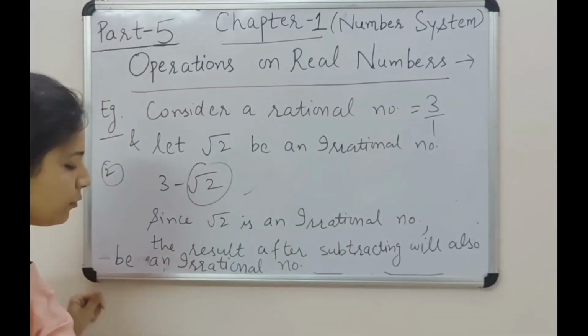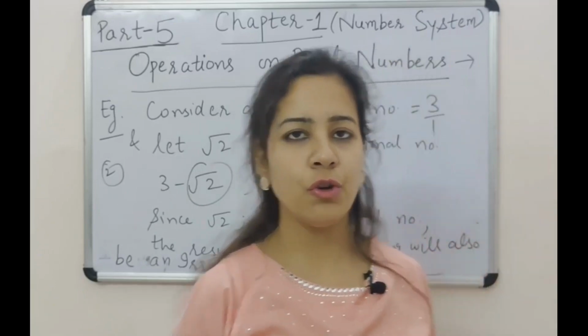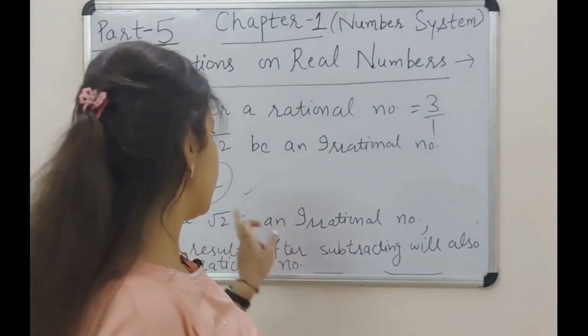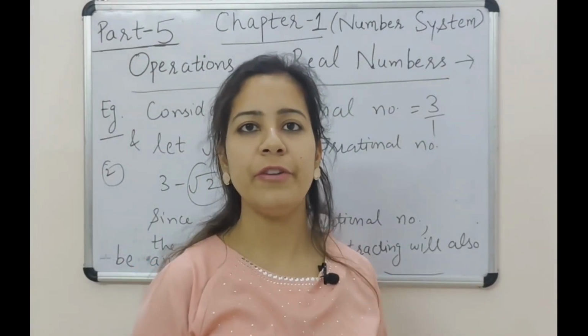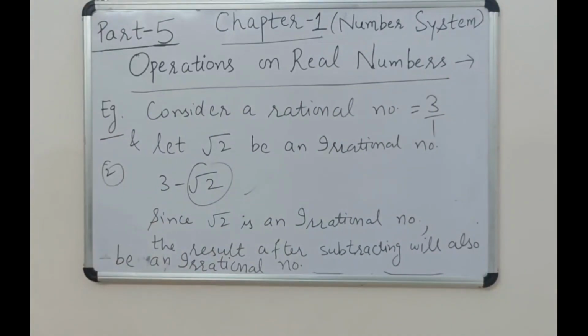You can just try this out. Just like in the case of addition, where I have solved it and shown you how it becomes an irrational, on the same steps you can check. Just the operation is changed over here. Instead of plus, I have taken the subtraction operation.